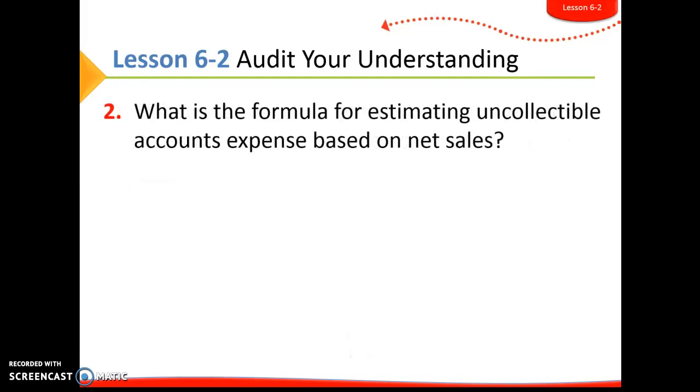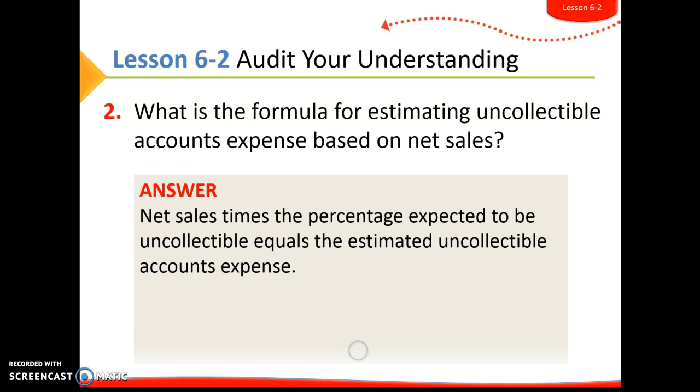Number 2, what is the formula for estimating uncollectible accounts expense based on net sales? Net sales times the percentage expected to be uncollectible is going to equal the estimated uncollectible accounts expense.